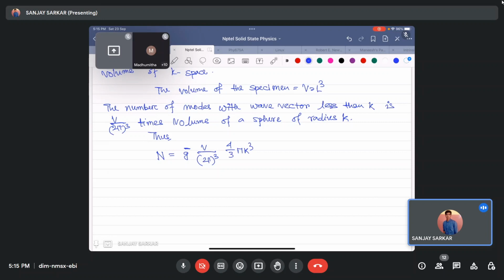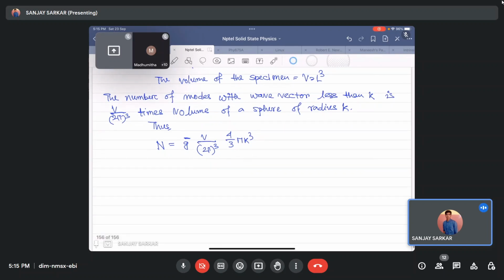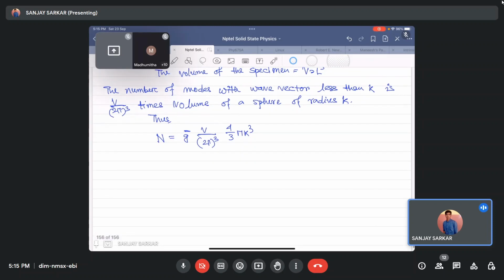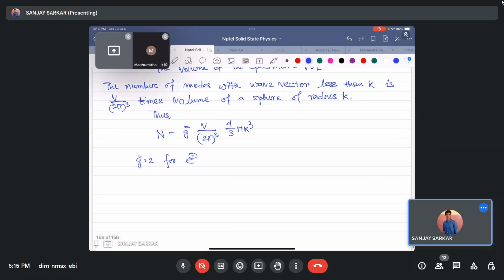So this is the total number of modes, and this is the volume. So ḡ is the degeneracy factor, and for electron you know that ḡ is 2. ḡ is 2 for electron, or spin-half fermions it is 2.